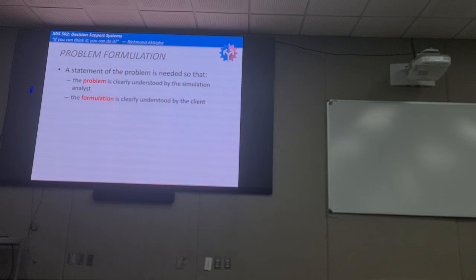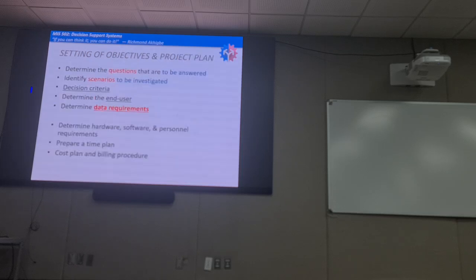In defining your objectives, you must determine the questions to be answered and identify the scenario to be investigated. Questions to be answered include things like: what is your decision criteria? When you're going to redesign the process, what is your decision criteria? I want you to go back and think about your objectives.